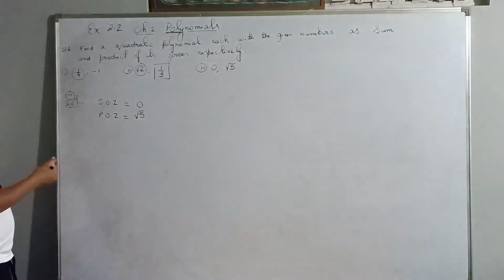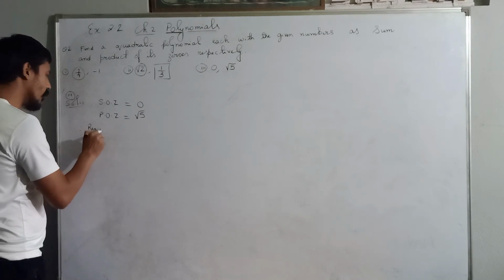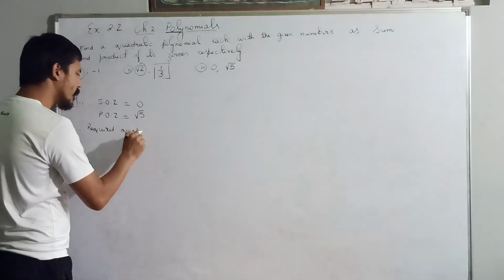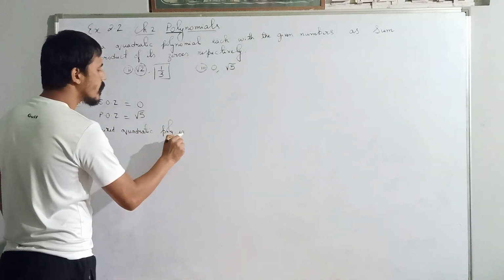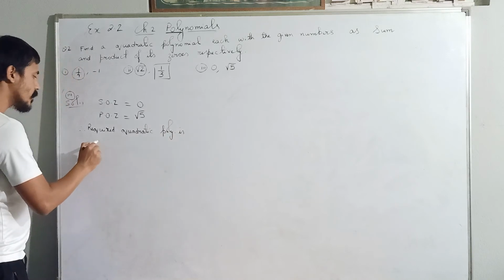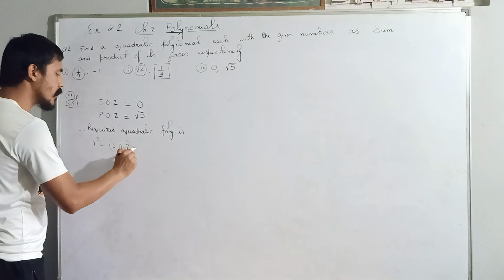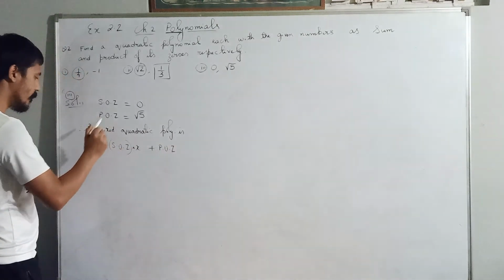So the formula for forming a quadratic polynomial is: the required quadratic polynomial is given by x squared minus sum of the zeros times x plus product of zeros.